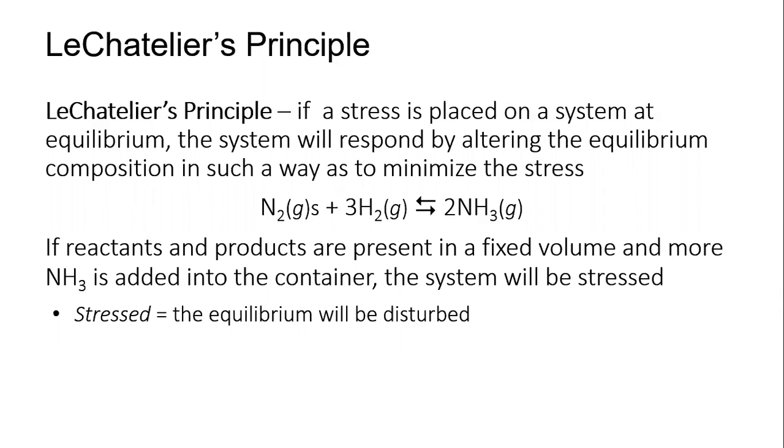So for example, if we have N2 gas plus 3H2 gives us 2NH3. If, for example, we increase the amount of N2, so we apply a stress such as adding a reactant, how will equilibrium respond in order to reestablish equilibrium?